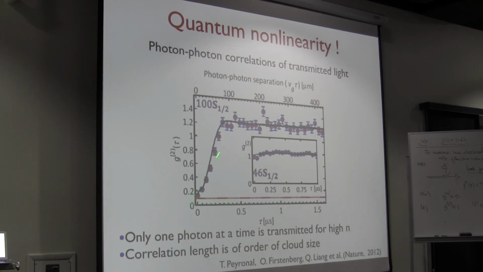But then instead of going to 1, this G2 goes to 1.2, right? First of all, can this be the case, and if so, how?